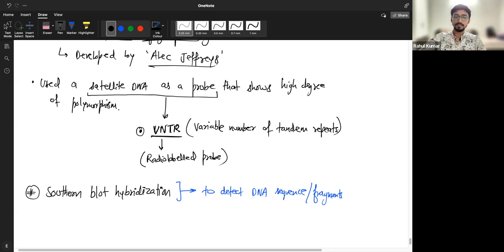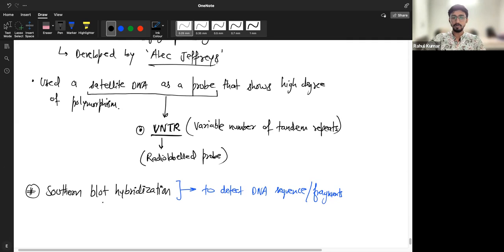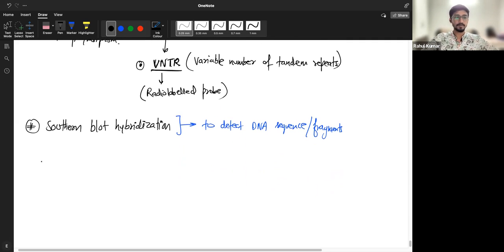So this technique was used along with the southern blot to figure out the DNA sequence. Now, how does the technique work? Write down the steps of DNA fingerprinting.